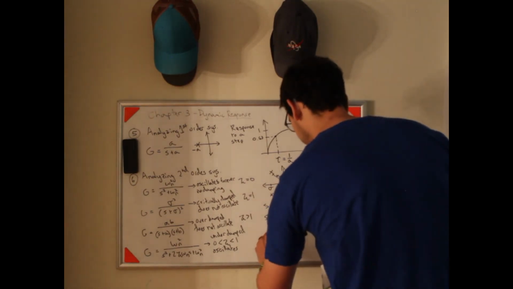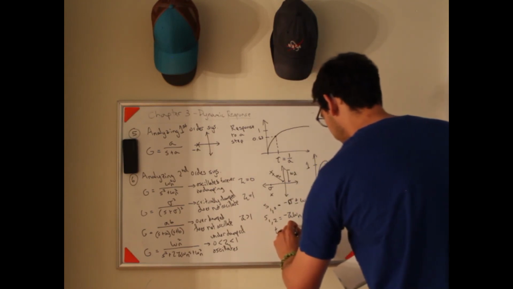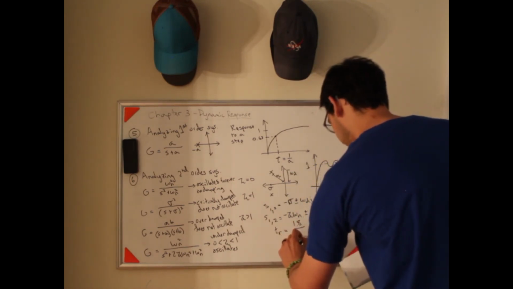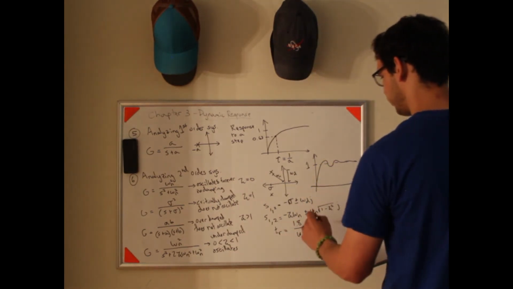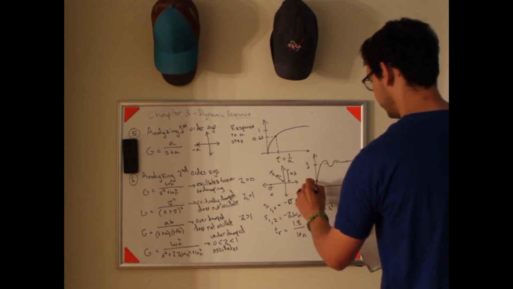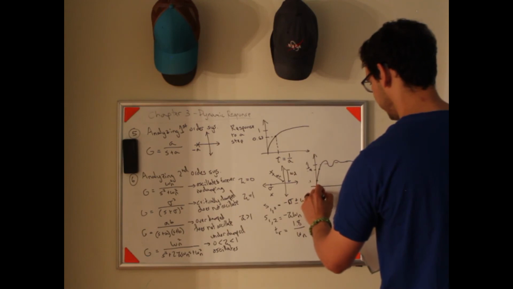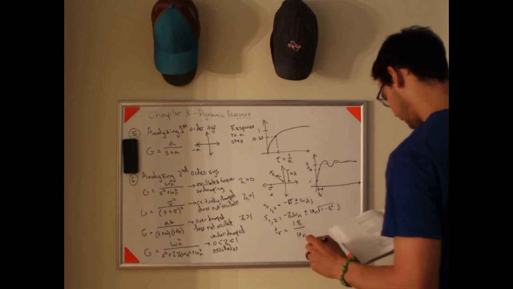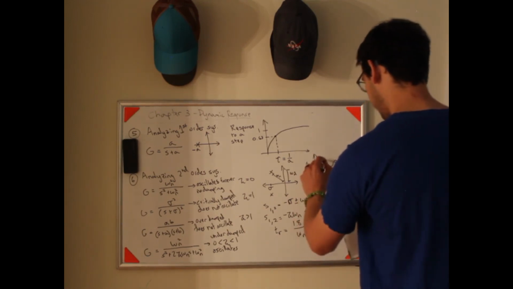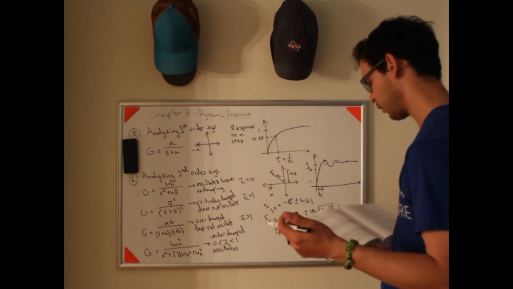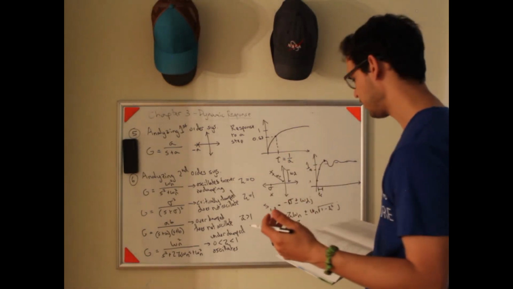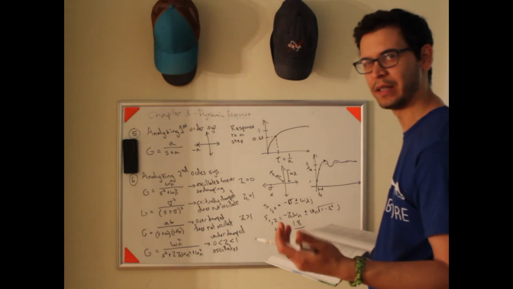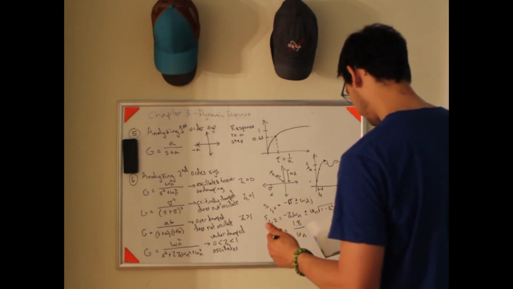Your rise time is 1.8 divided by omega n. And your rise time is the time it takes to go from 10% to 90%. Your peak overshoot value is a complicated formula based on damping ratio, and I don't think it's important to write it down because you can just use a computer to calculate it.